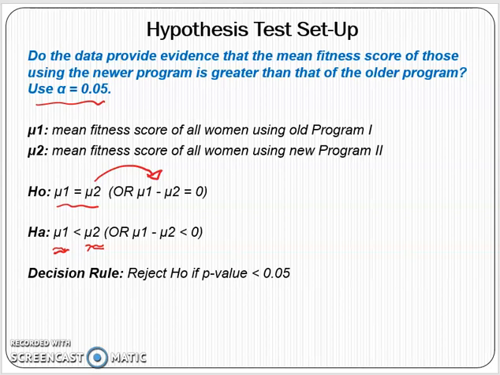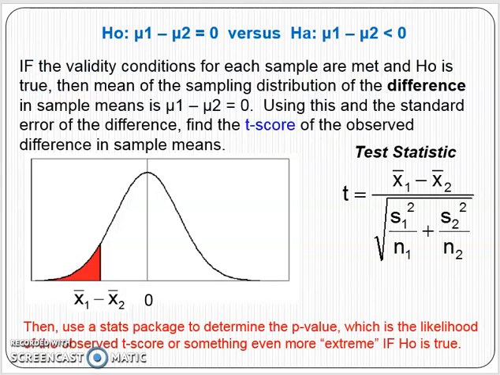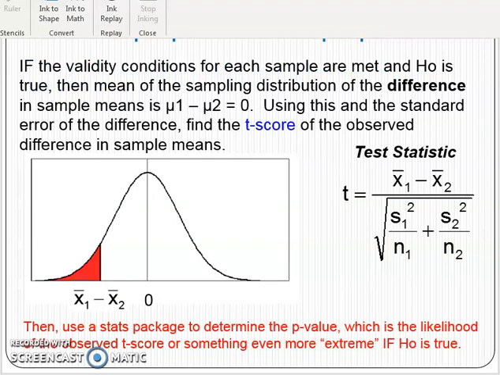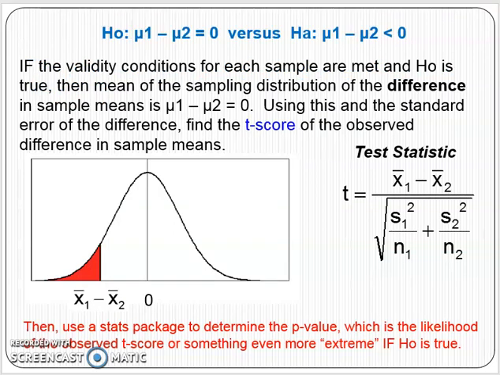Now getting into a little bit of the whys behind this. Here are our hypotheses: mu1 minus mu2 equals 0 versus mu1 minus mu2 is less than 0. Again, the computer turns it into a difference.